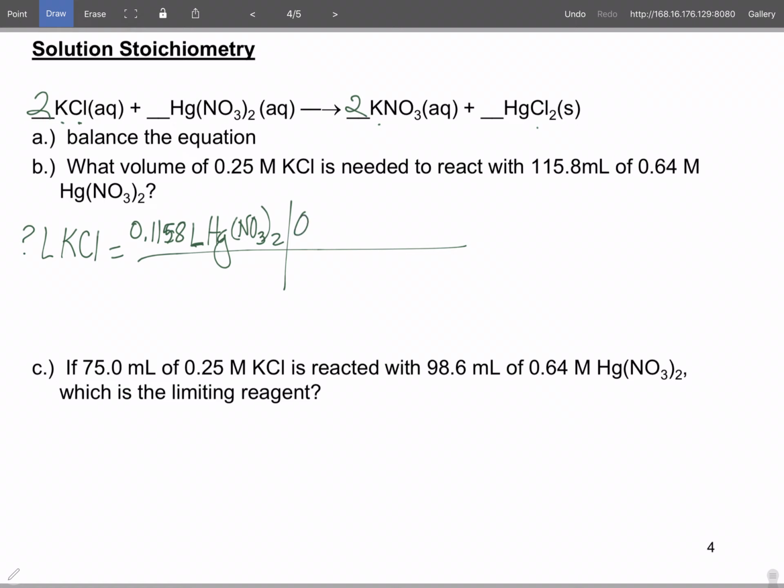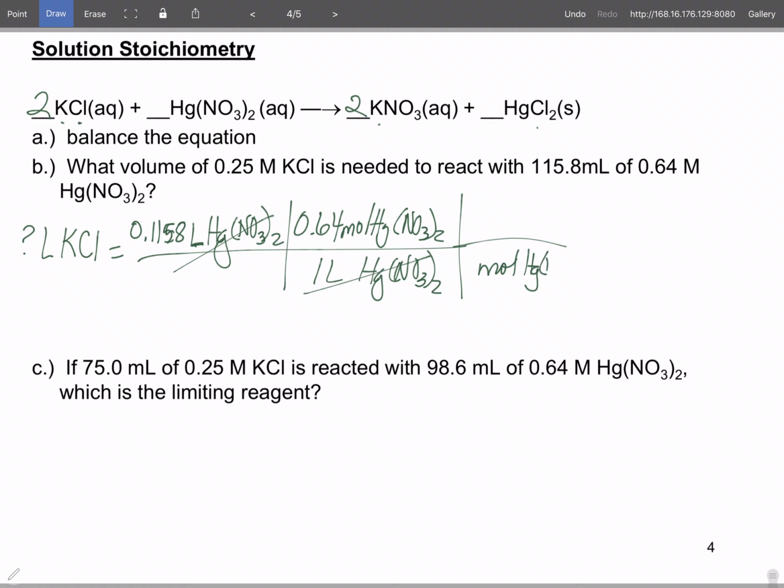So we have 0.64 moles of mercury 2 nitrate divided by 1 liter of mercury 2 nitrate. So we have eliminated our liters. Our moles of mercury 2 nitrate go on the bottom. And on top, we need moles of KCl.